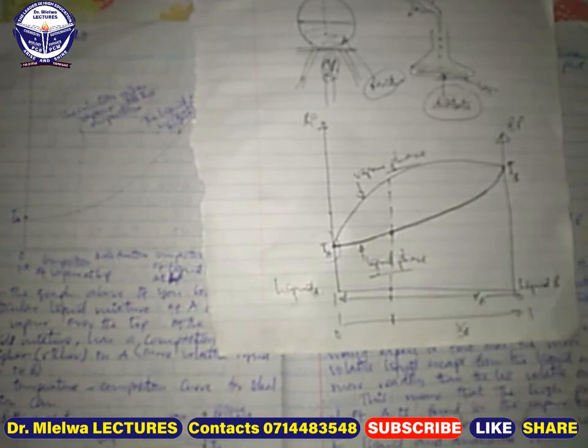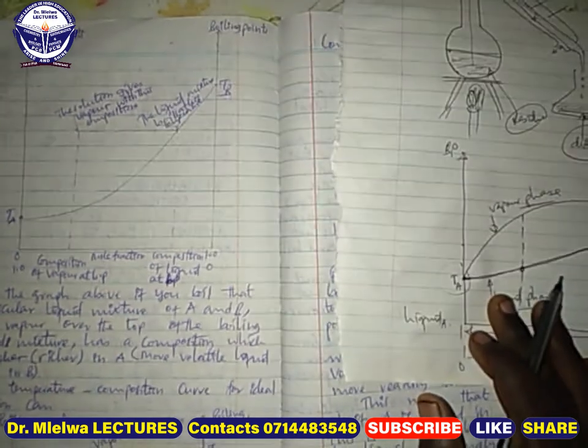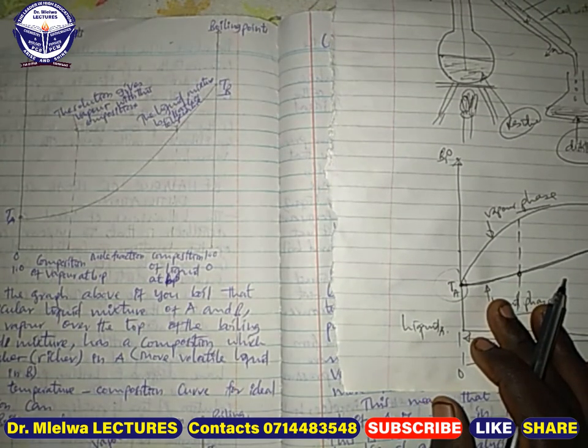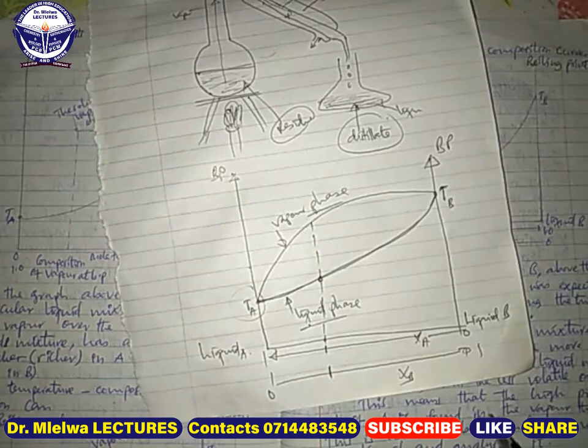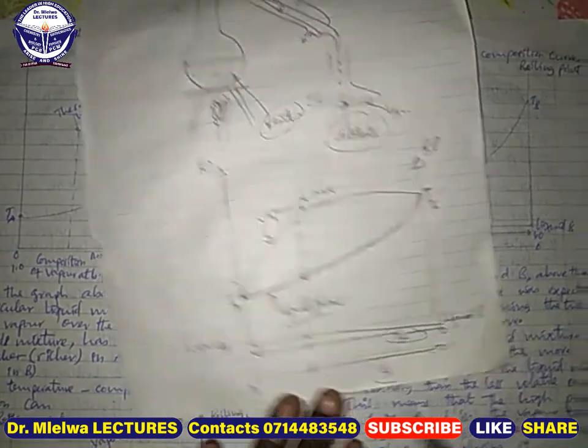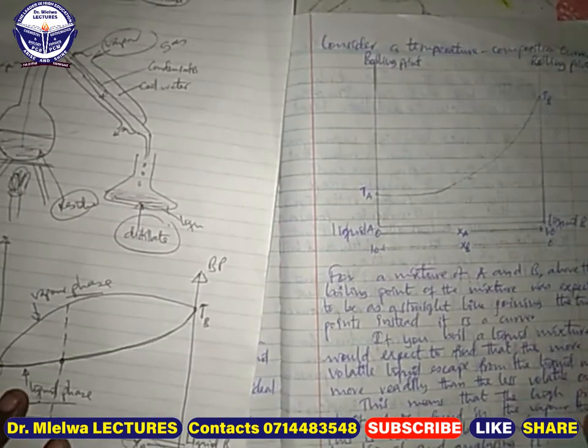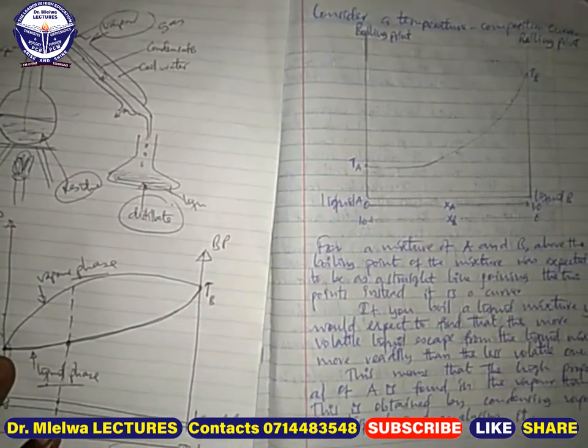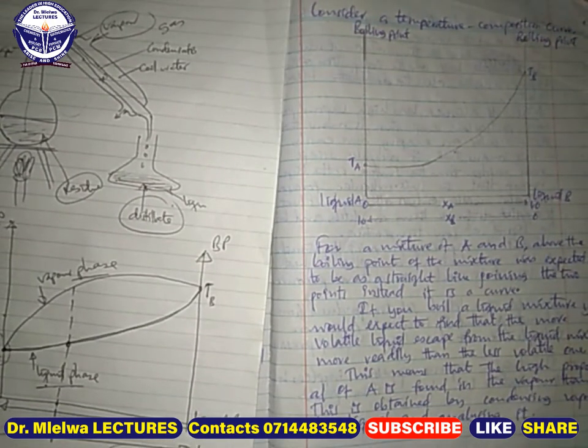Kiwango cha A kwenye solution kinakuwa ni kidogo na kiwango cha B kinakuwa ni kikubwa. Unaweza kuona kwamba ni kwa jinsi gani ambavyo vitu vinakuwa. And in case of multiflexion, I think there are a few mistakes, but ilivyokuwa drawn kwenye exercise book is the correct one, kwa sababu ya explanation ambazo nitaanza kuzielezea.